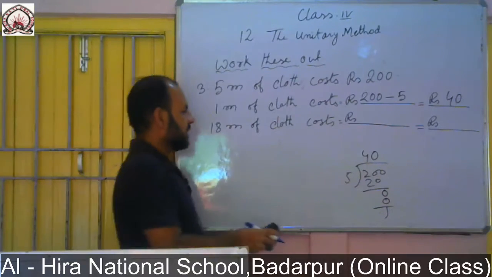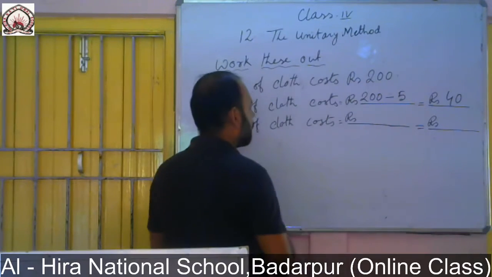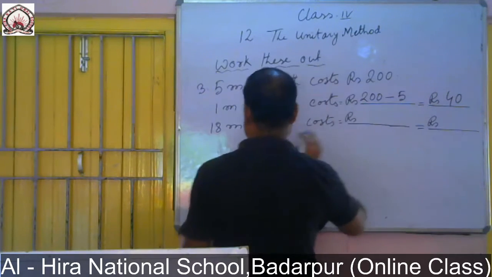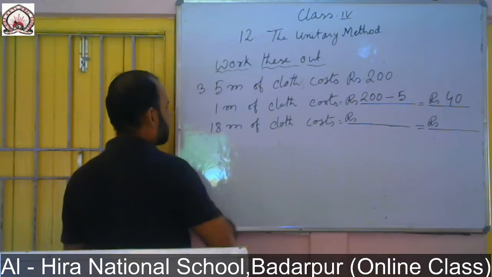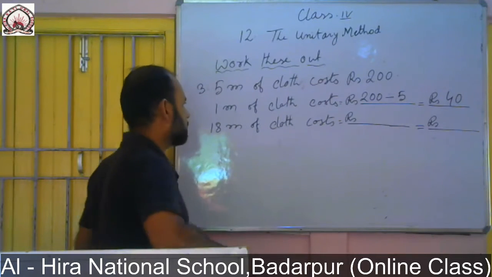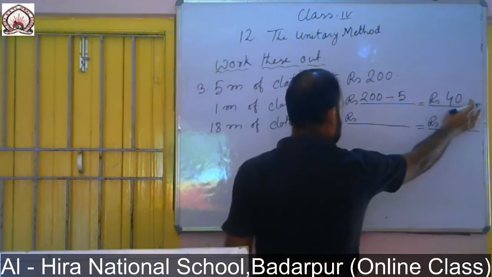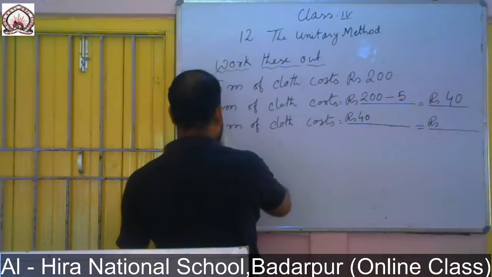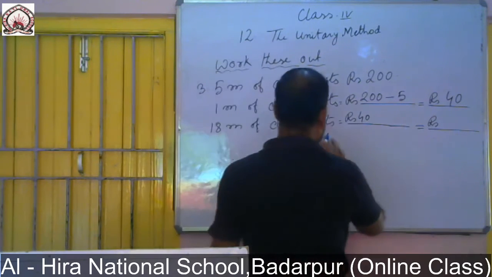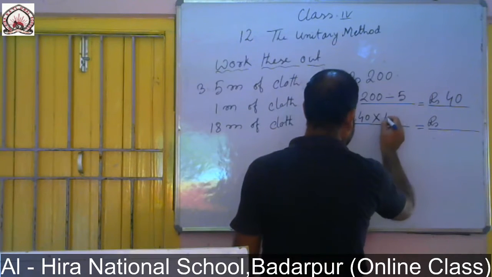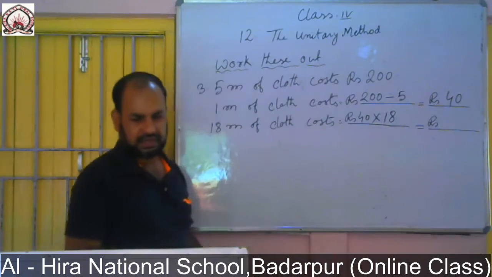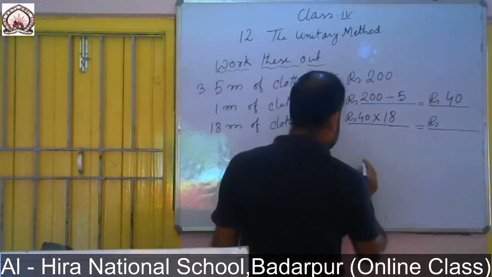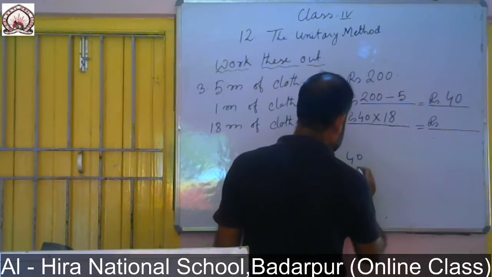Next, if 1 meter of cloth costs rupees 40, then we find out the cost of 18 meters of cloth. 40 into 18. So we multiply 40 into 18.